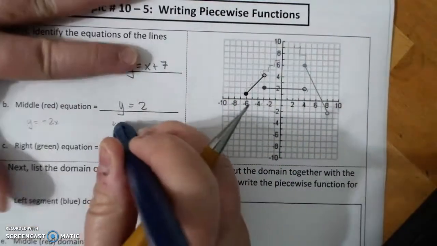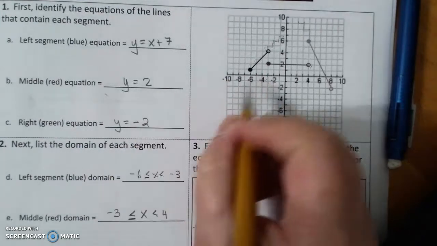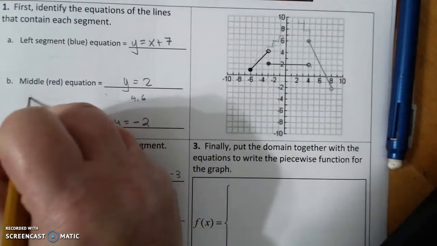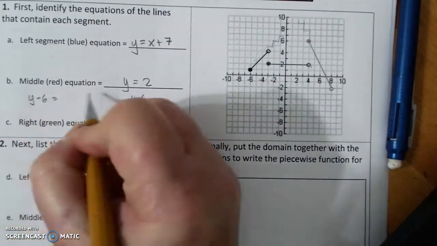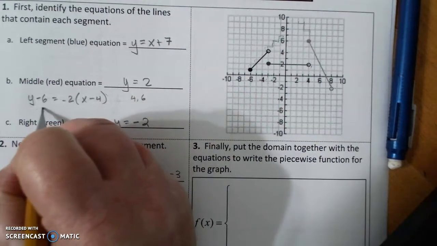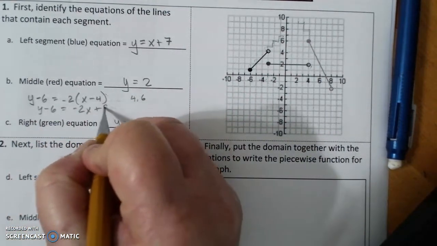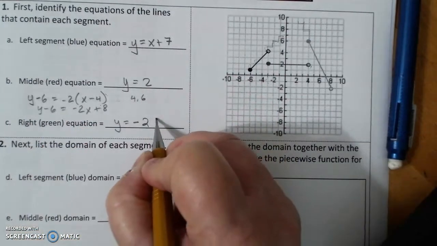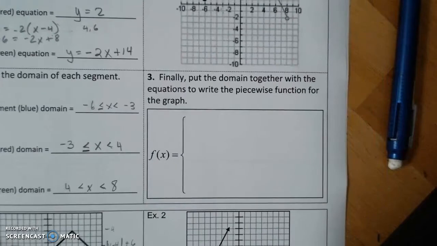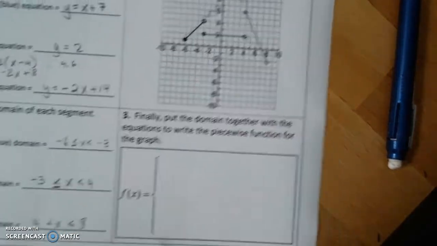I'm going to use point slope, and so I have this point 4, 6. I'm going to have y minus 6 equals -2x plus 8, bringing over, that's a 14. So then I'm going to take these three equations with these three domains.